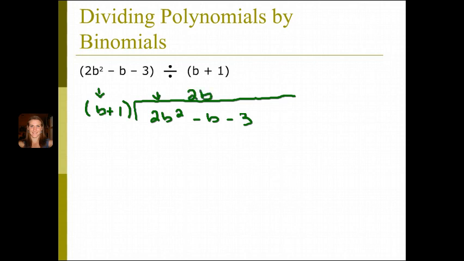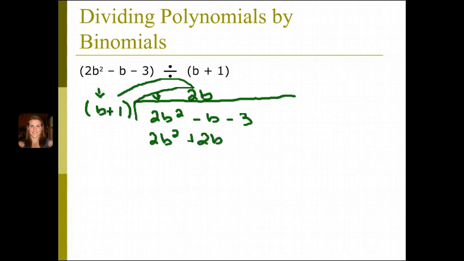2b. Okay, and that should be going over the second term in your trinomial. So 2b times b gives me 2b squared. However, I also need to multiply my 2b times 1. So that's a plus 2b.